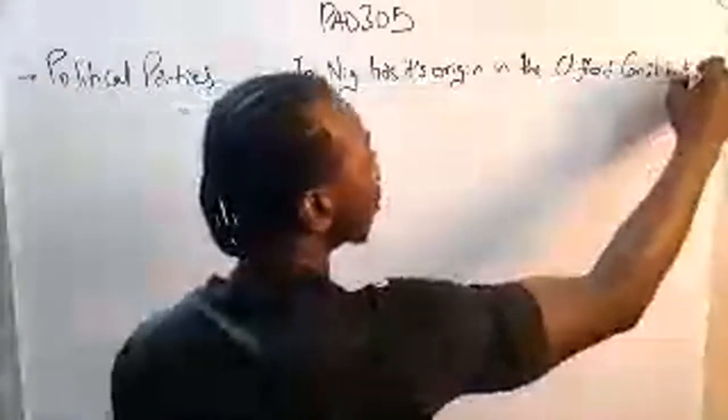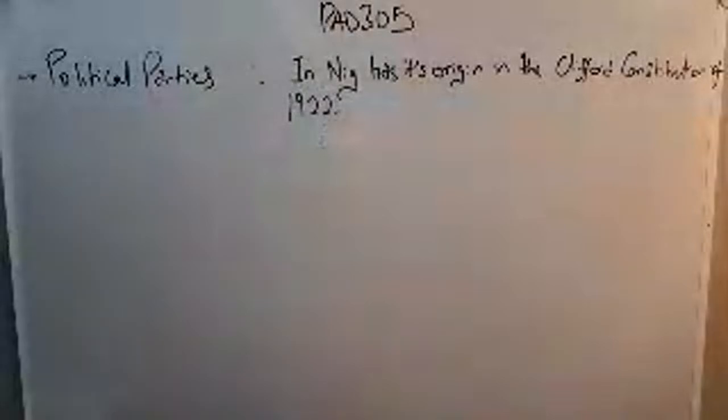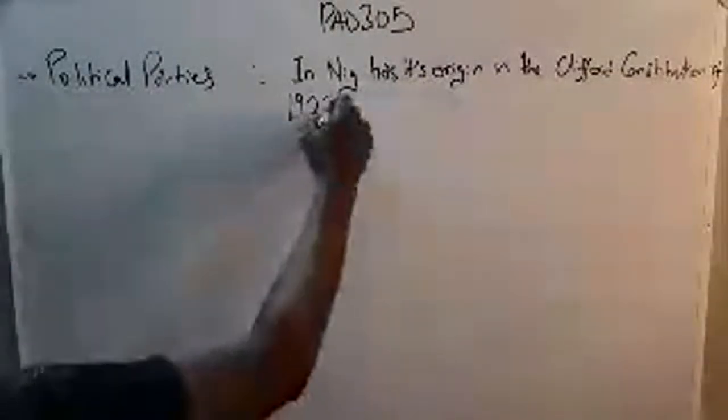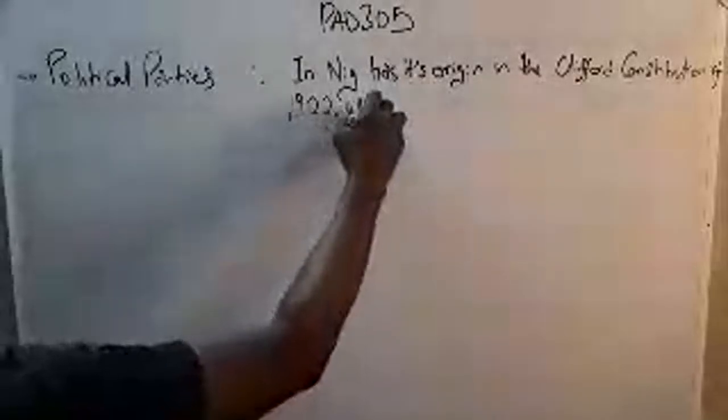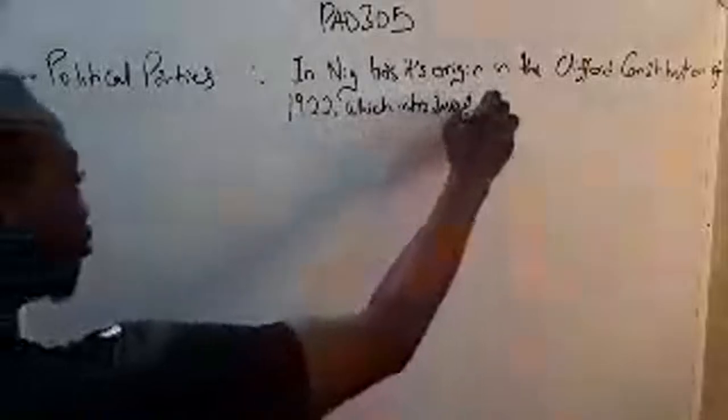Clifford Constitution of 1922. Are we together? Which introduced what we call the elective principle.